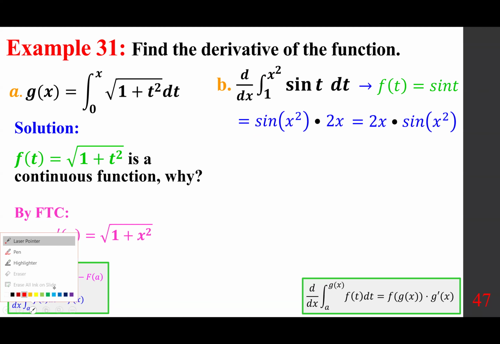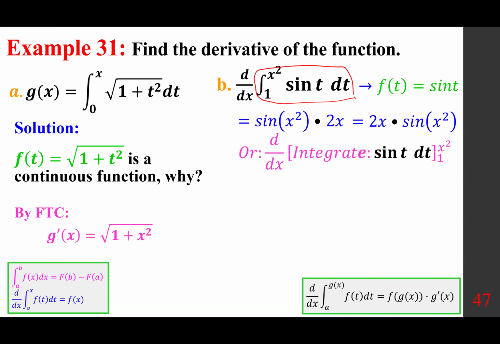So the integration will give you negative cosine t. I'm going to put the negative out and I plug in x squared. I get cosine of x squared. I plug in 1. Remember what we are doing. We found this. Now we're going to take the derivative and we have a negative sign.